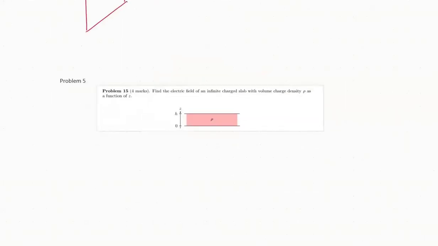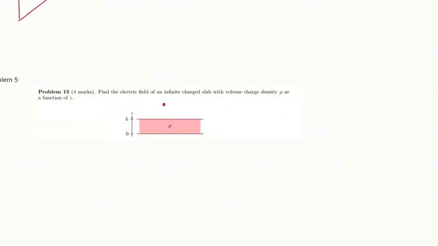Find the electric field of an infinite charge slab. If you are above the plate, then you just treat it as a plane. The field is going to be upwards, E, and that E is equal to sigma divided by 2 epsilon naught. What is sigma? Well, we need to work that out.